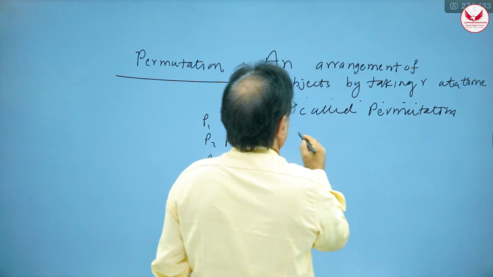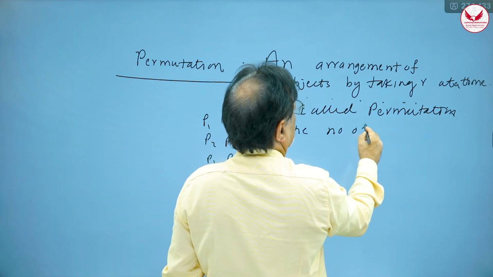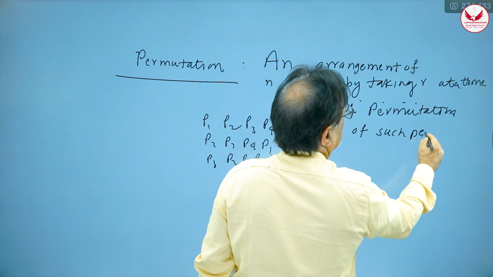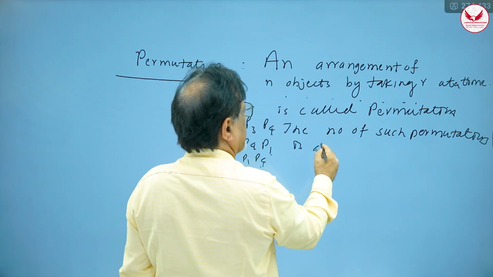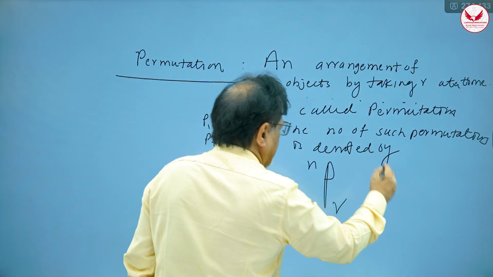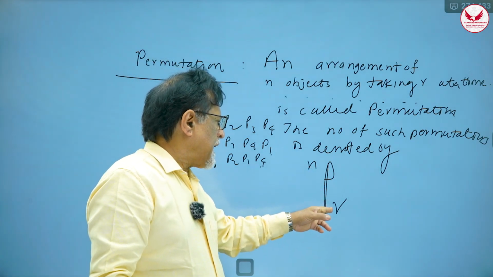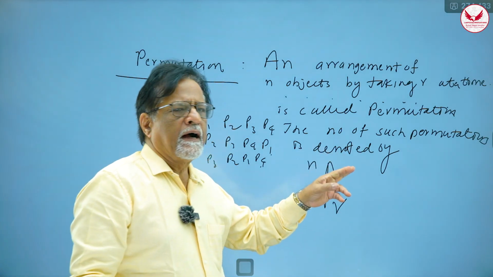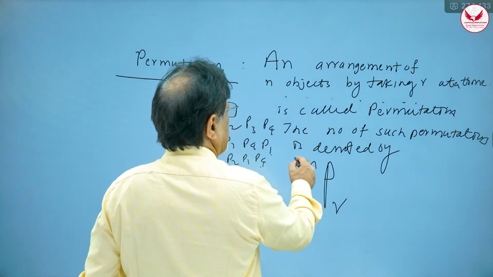The number of such permutations is denoted by nPr. It is called, out of n objects, r objects are being permuted. That is the meaning of nPr.